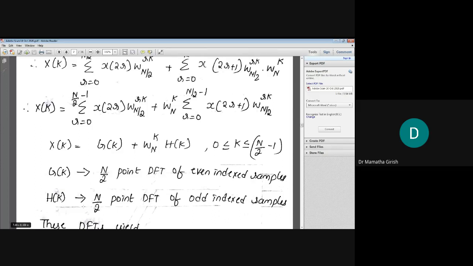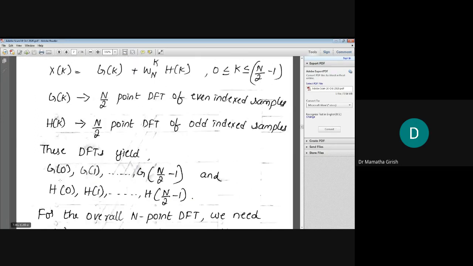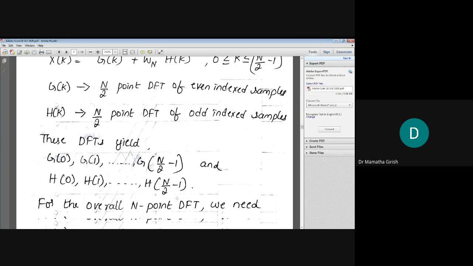What is H of k? N by 2 point DFT of the odd index samples of a given sequence. This is how I represent G of k and H of k. Note that they run from 0 till N by 2 minus 1.